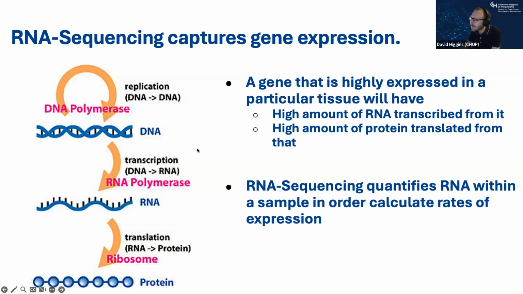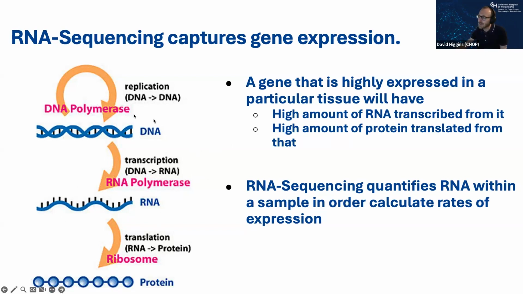How that works is that a researcher will collect their tissue and extract RNA out of it. Since RNA is an unstable molecule, they'll reverse transcribe it back into DNA and then run that through the sequencer. But you can imagine, based on the central dogma, some genes are more highly expressed than others.